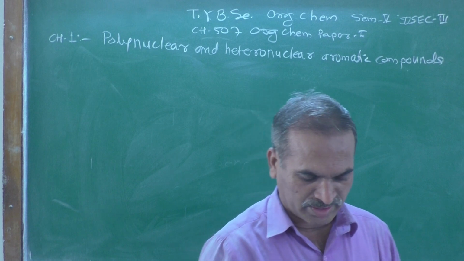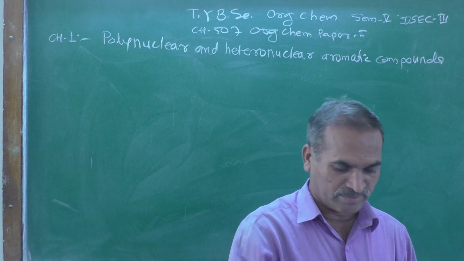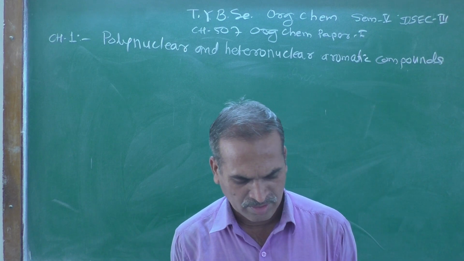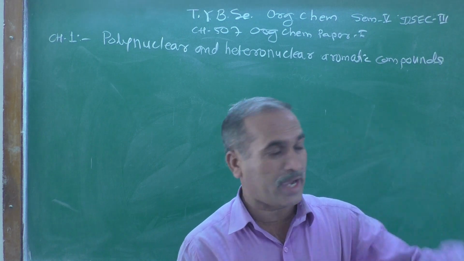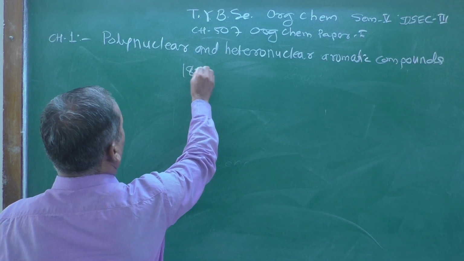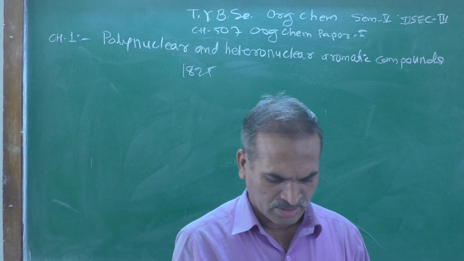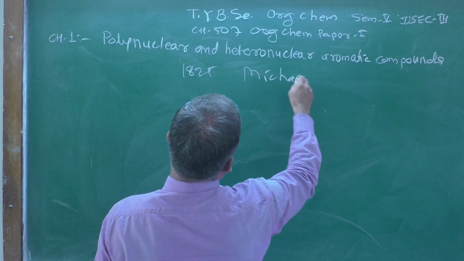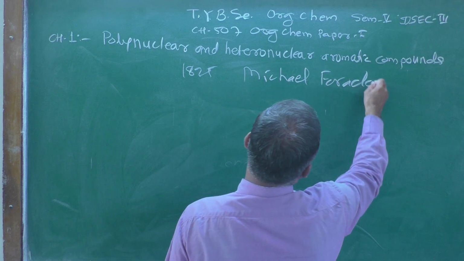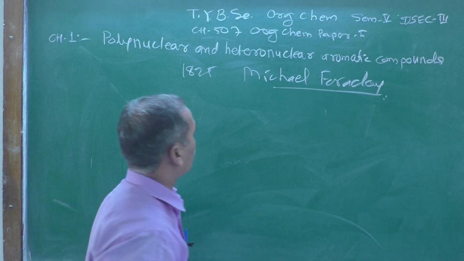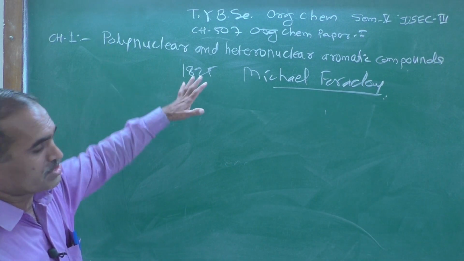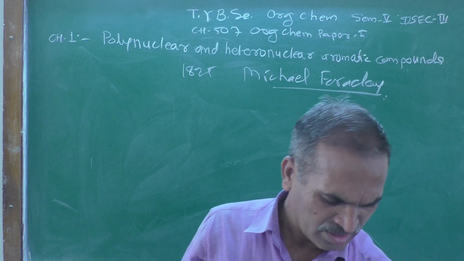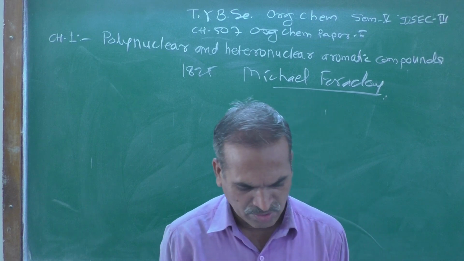Now coming back to the structure of benzene, even though benzene was discovered long back in 1825 by Michael Faraday, this is the scientist who discovered it, and its properties were studied well.